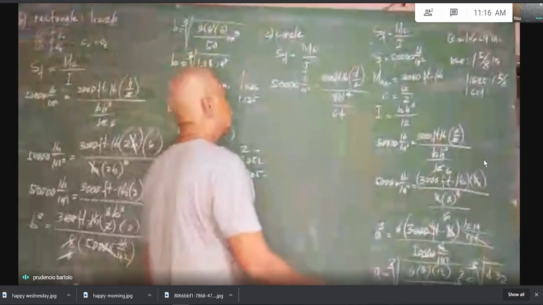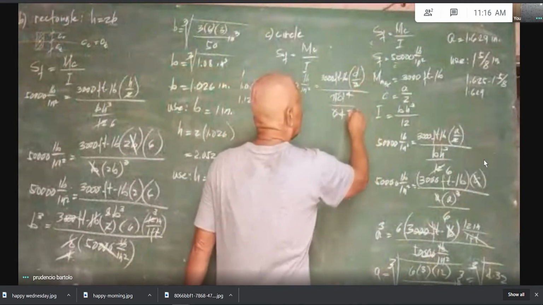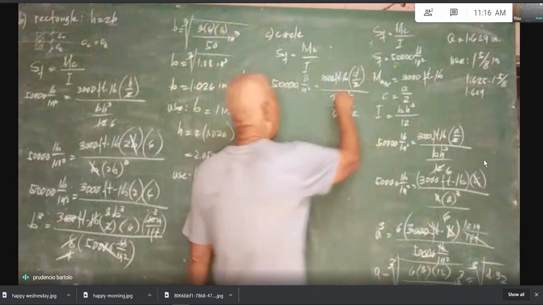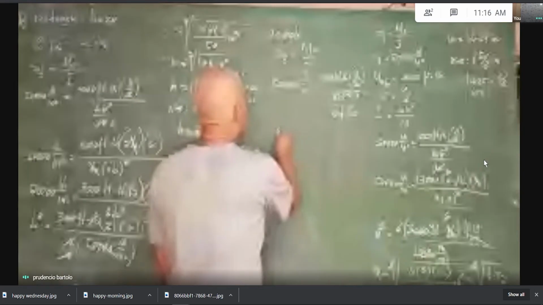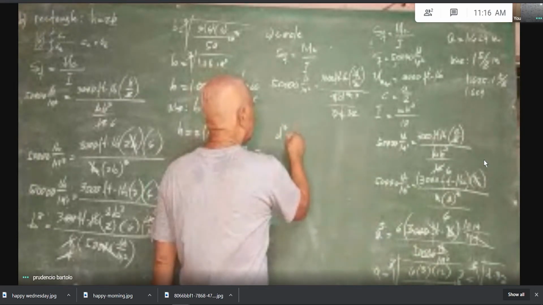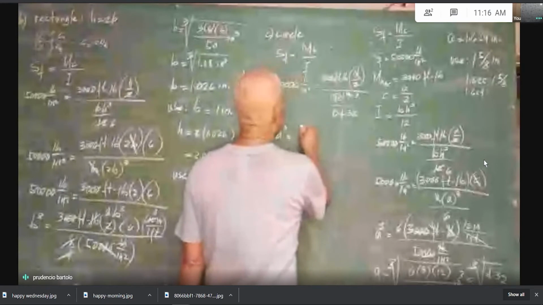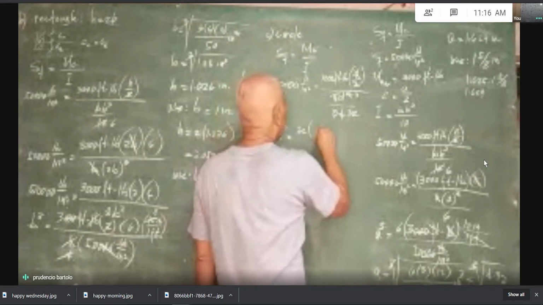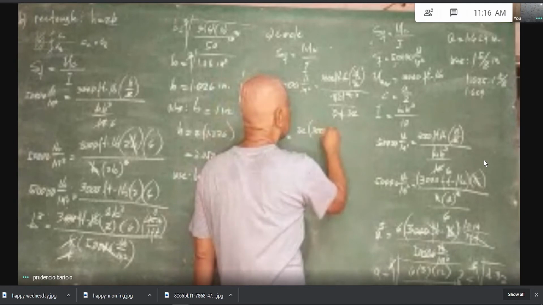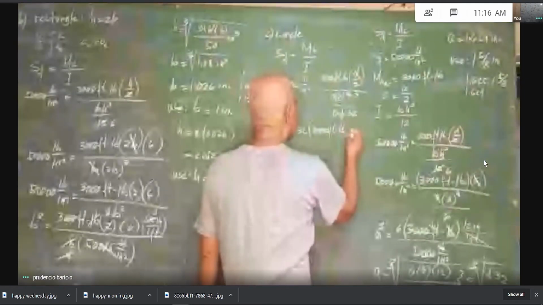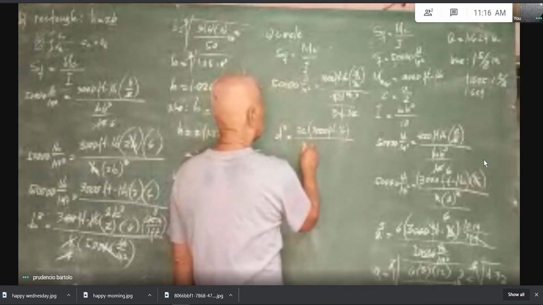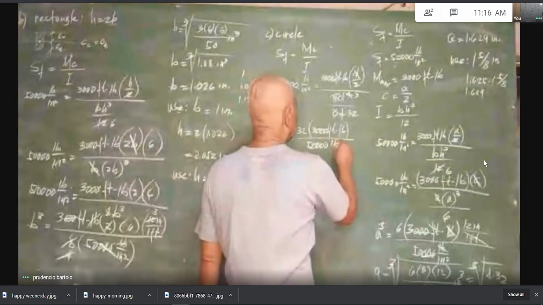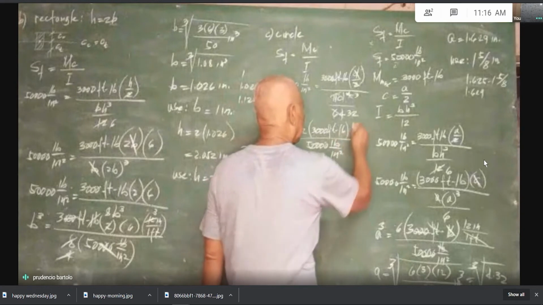So that is now 32, and d make it cube. So our d cube now is equal to 32 multiplied by 3,000 foot-pounds all over 50,000 pounds per inch squared.